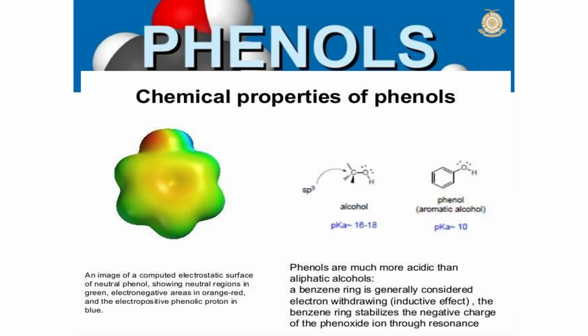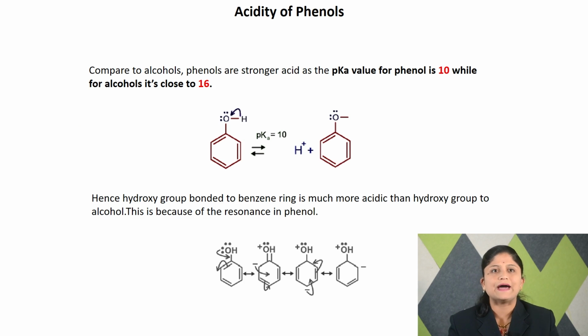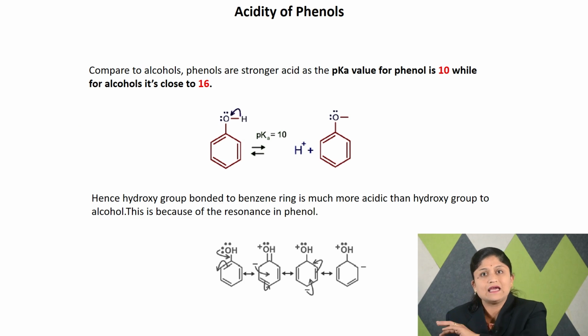When we compare acidity, phenol, if dissolved in water, behaves as an acid. And when we compare this acidity with aliphatic alcohol, phenols behave as a stronger acid than the aliphatic alcohol because they are readily able to donate the proton and produce the phenoxide ion.